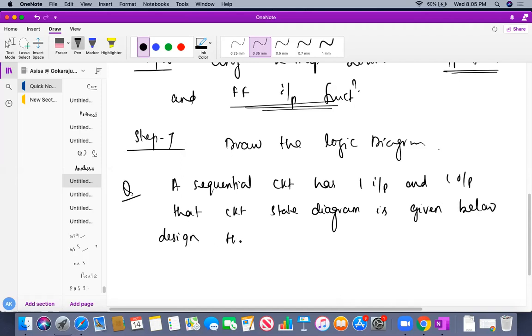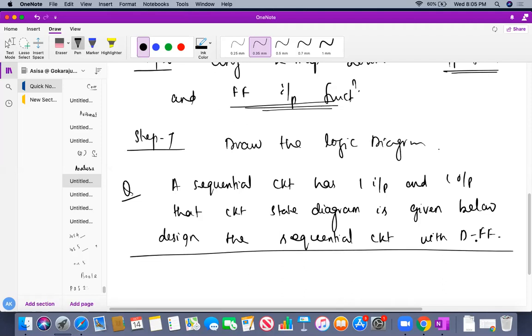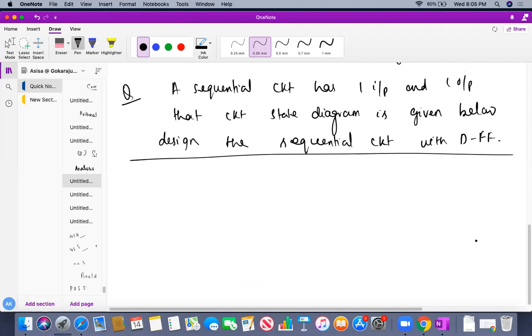Design the sequential circuit with D flip-flop. Here it is given already. With the D flip-flop, you have to design that particular sequential circuit. Now the question is, what is my state diagram? My state diagram is given in this way. So this is my state diagram.